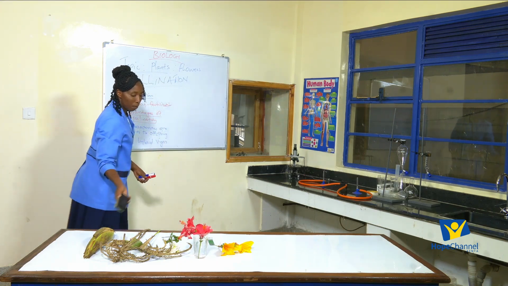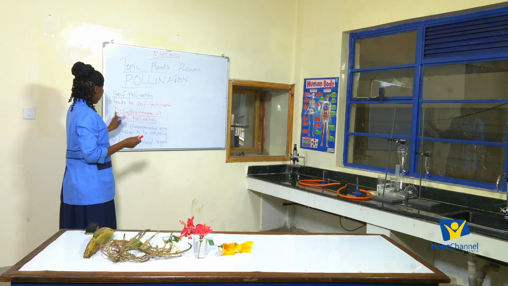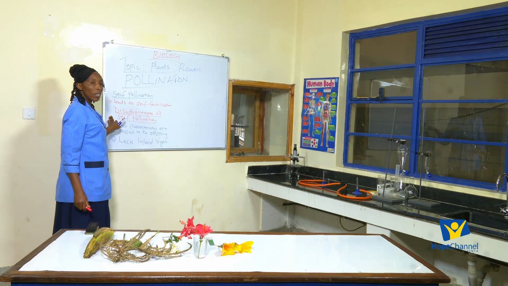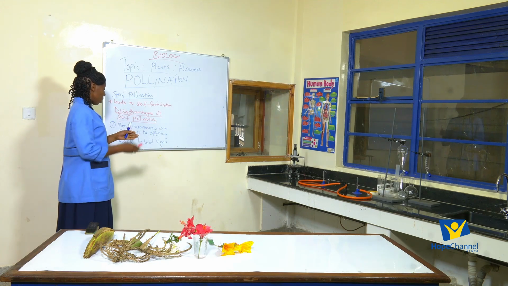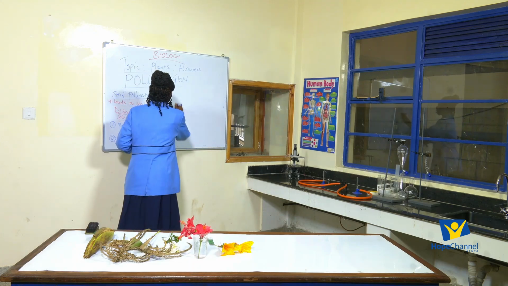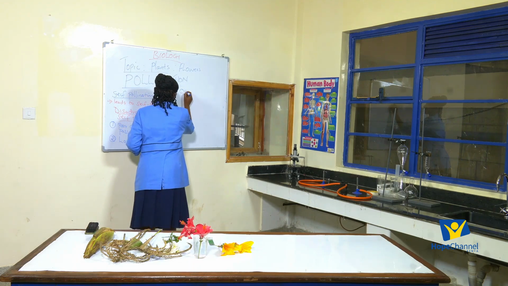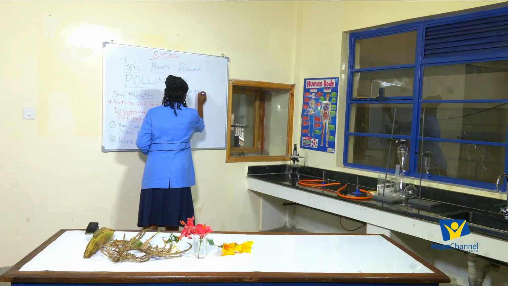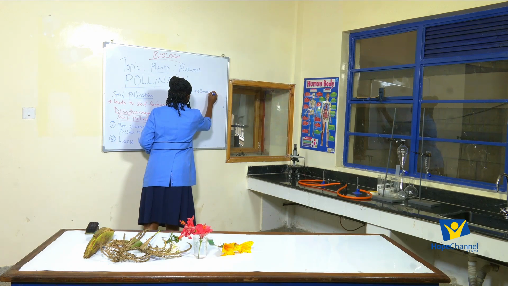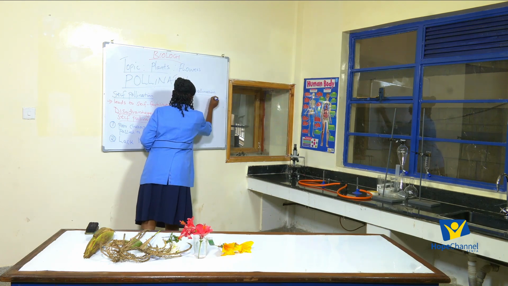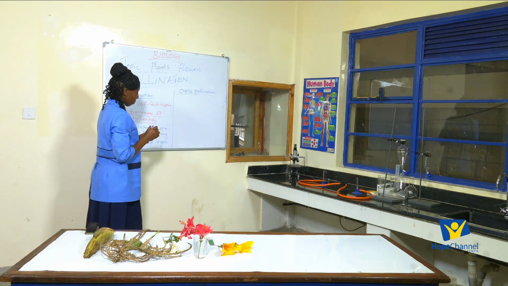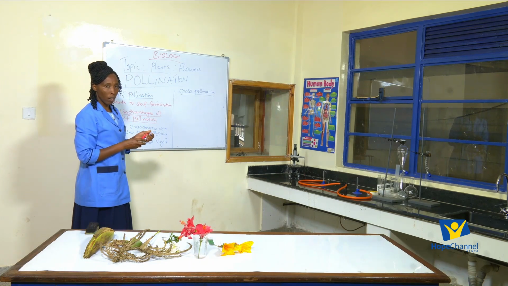I think we can do a bit of it. So we have said self-pollination is more of disadvantages. But in cross-pollination, it is more advantageous, okay?